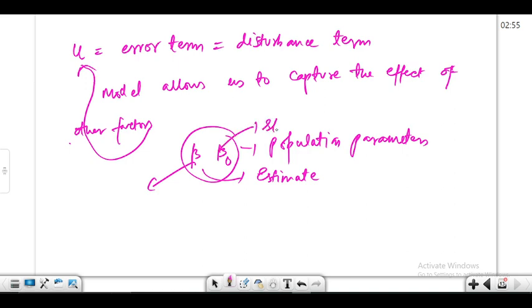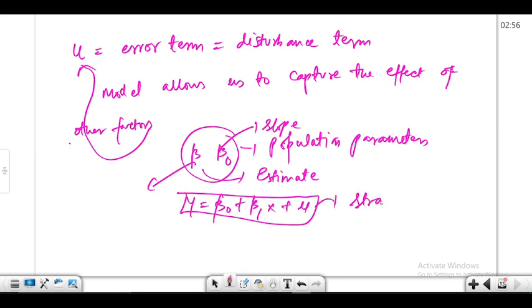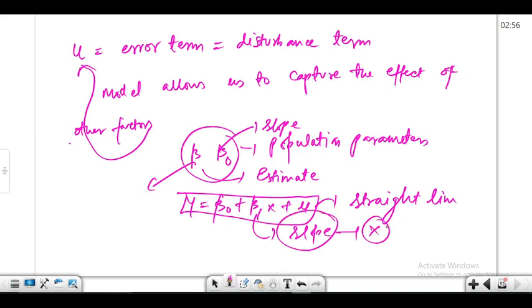If you see this equation, beta naught plus beta 1x plus u, and compare it with a straight line equation, this is also a straight line. So this is your slope. If I change x by 1 unit, by how much is y changing? That is being captured by this slope term, beta 1.